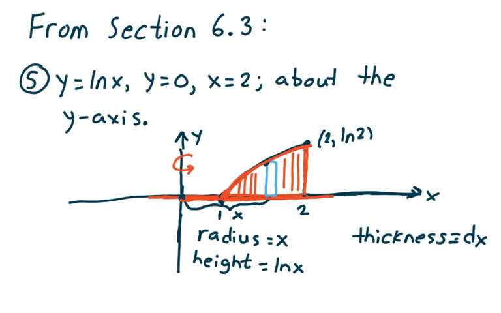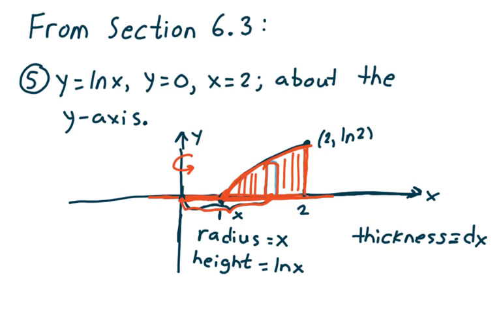So let's break this up into pieces. The height is natural log of x. So that's the height of the rectangle. The radius is the distance from the origin out to the rectangle. In other words, I start at the rectangle and I go all the way to the origin for this problem.